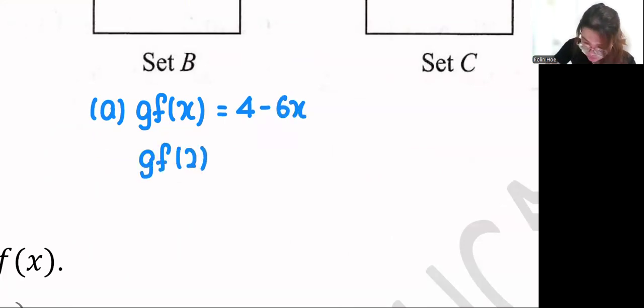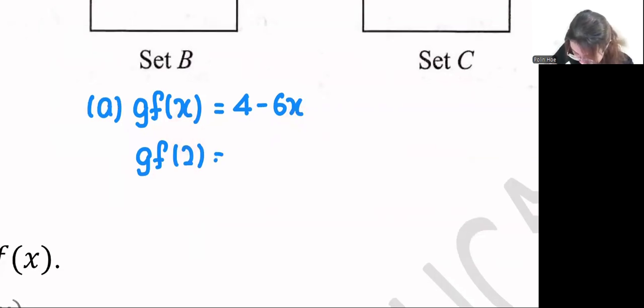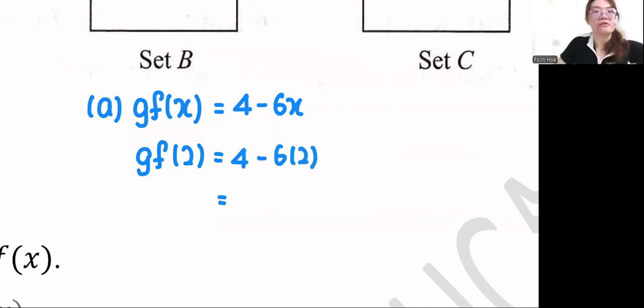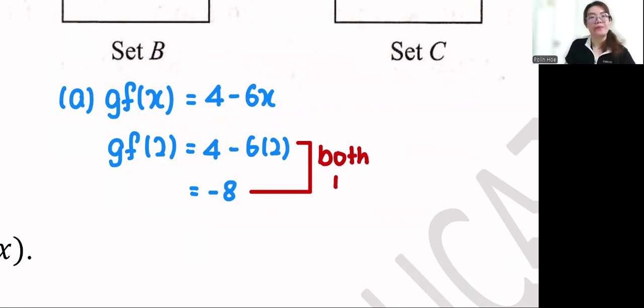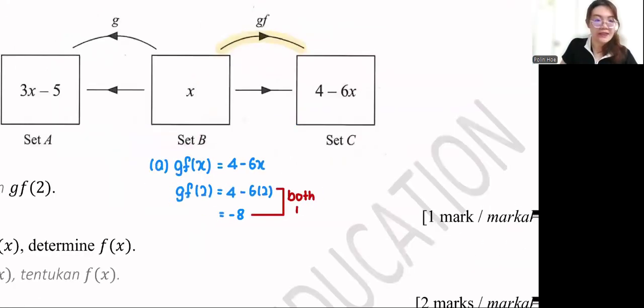So 当它是2的时候, when the x has been changed to 2, this x, I need to change it to 2 also. Okay? 4 minus 6 and 2, I get negative 8. Negative 8. Both of these give you 1 mark. So part A done.